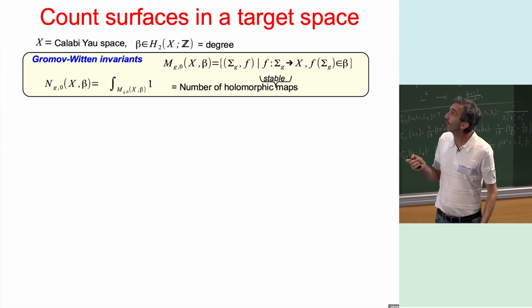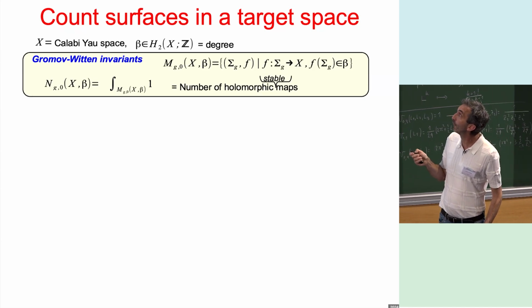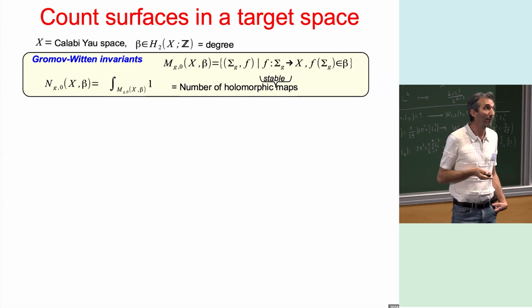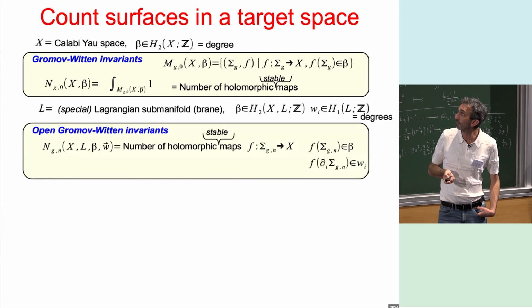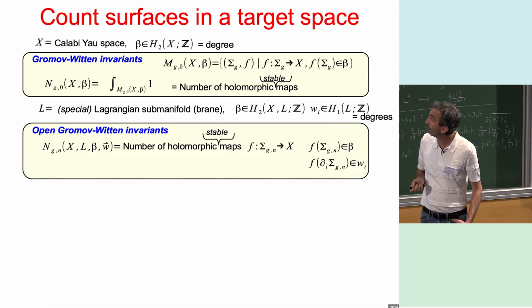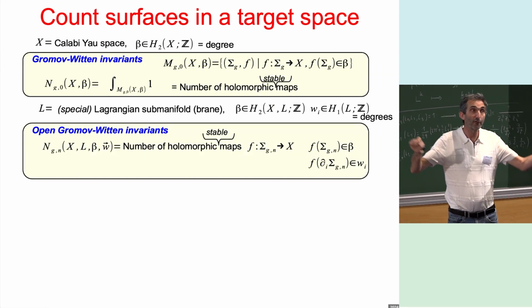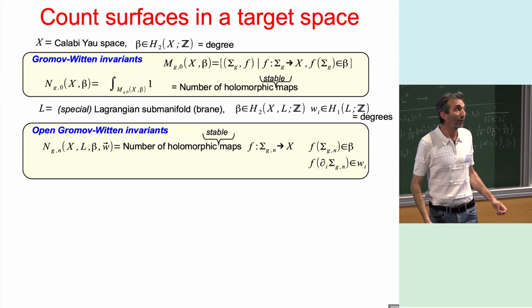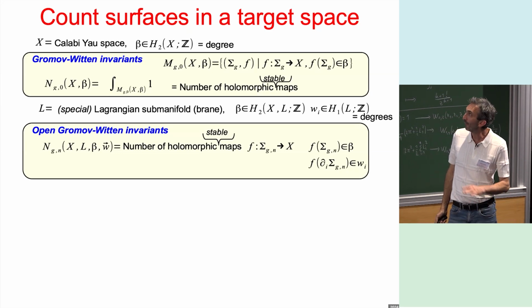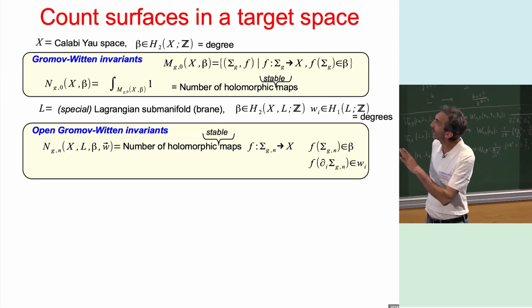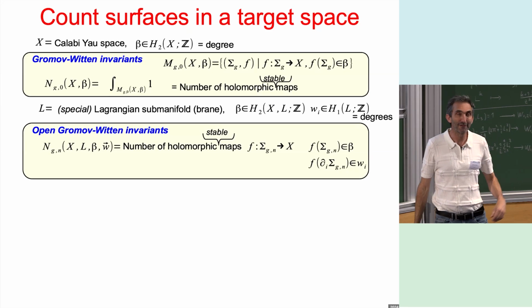And let's call the Gromov-Witten invariance the number of such holomorphic embeddings, holomorphic immersions. So, in fact, I will need to enlarge a little bit the problem to have surfaces with boundaries, and that's called open Gromov-Witten invariance. What I'm giving is not a very precise definition, it's just the idea of the definition.